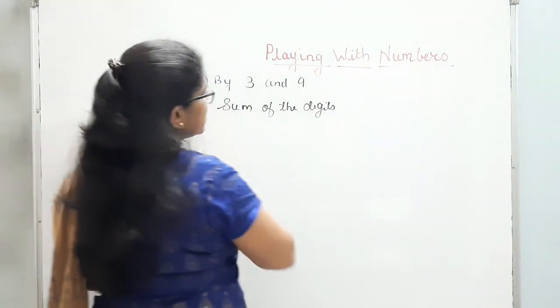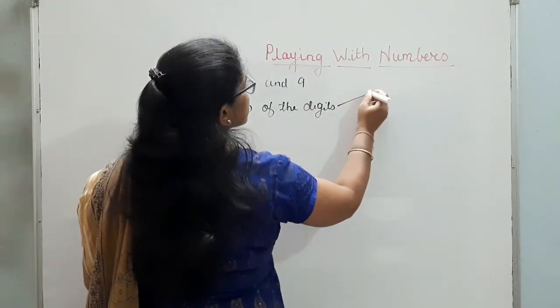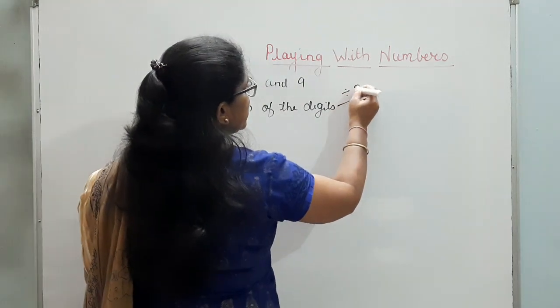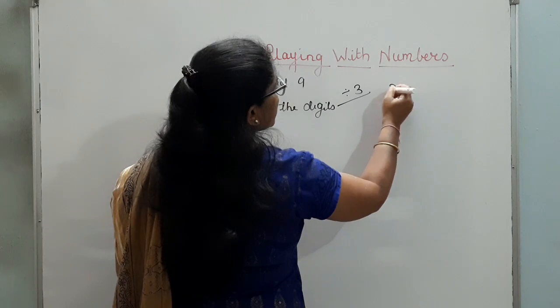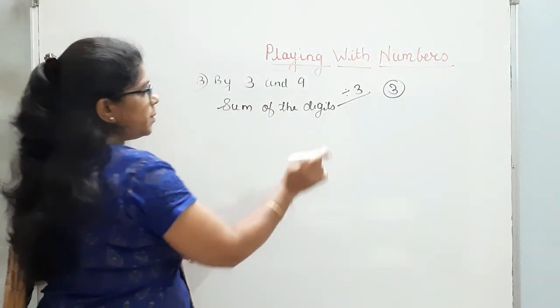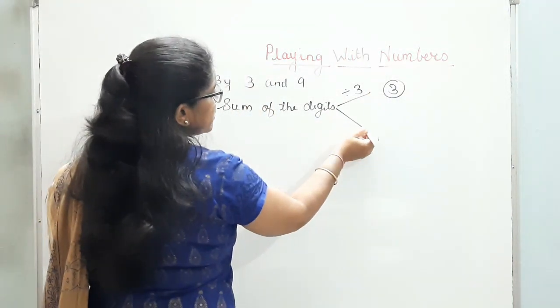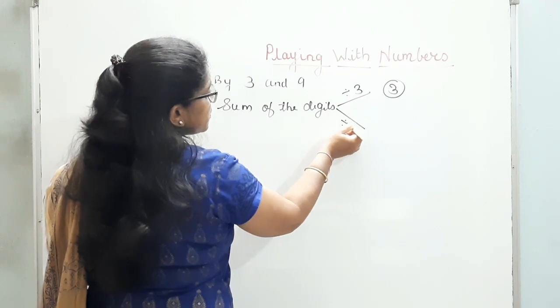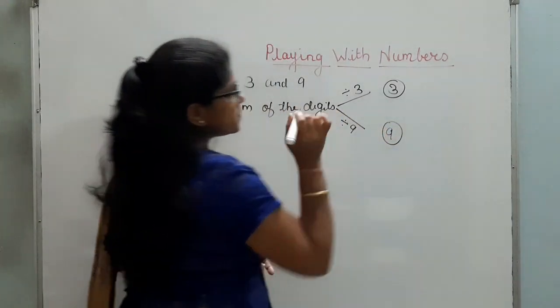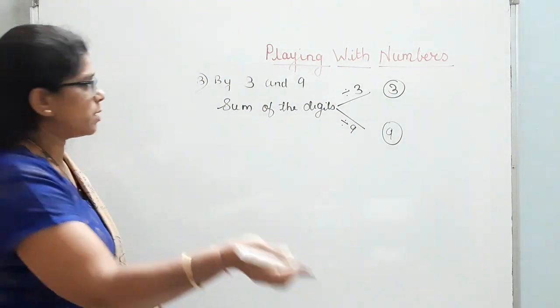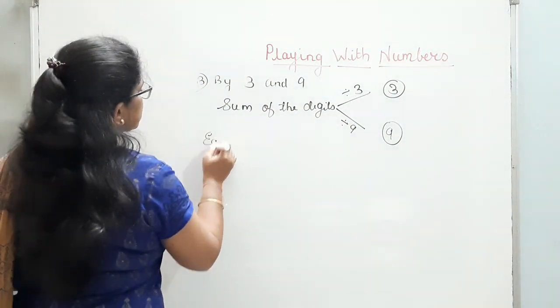If the sum of the digits is completely divisible by 3, then the given number is divisible by 3. Similarly, if the sum of the digits is divisible by 9, then the given number is divisible by 9. It's so simple. Let us see an example.